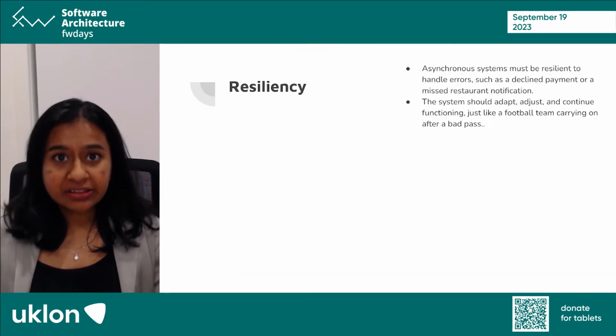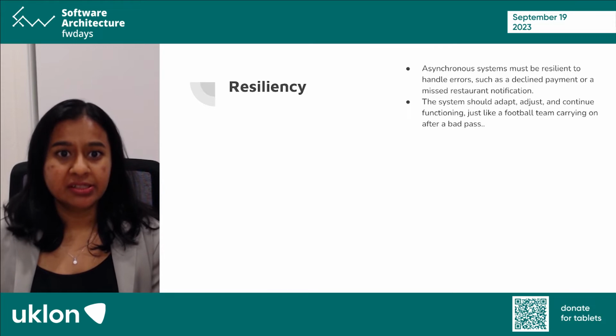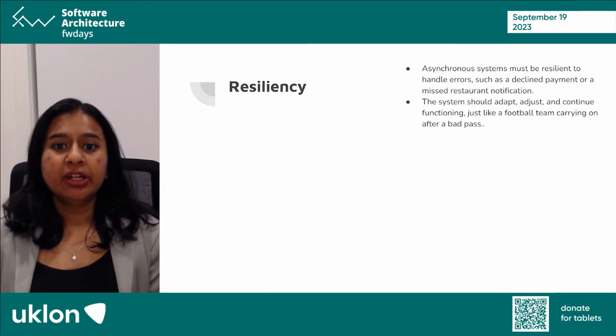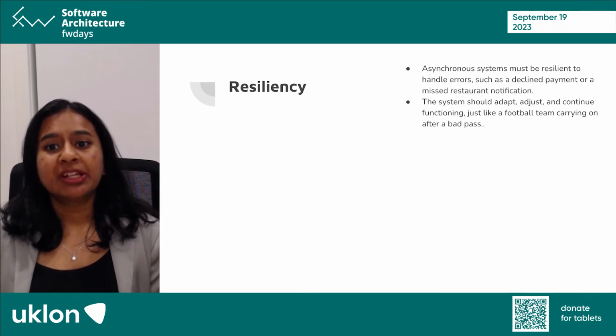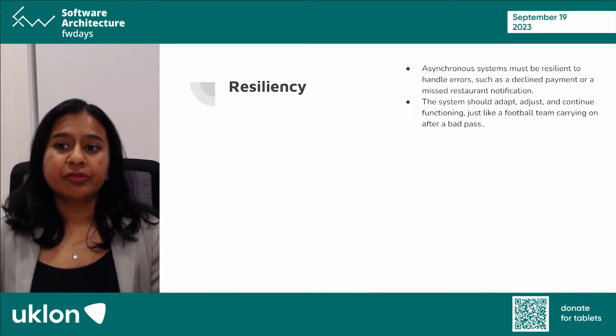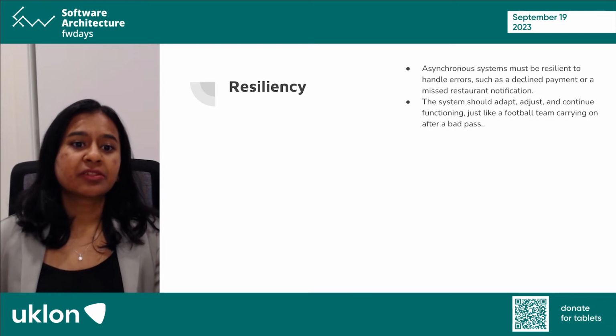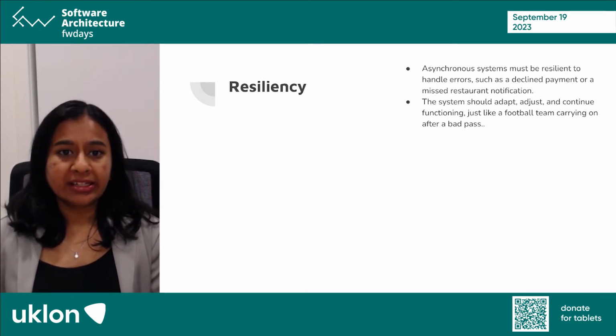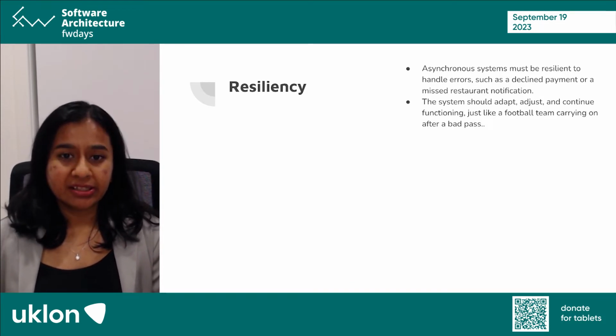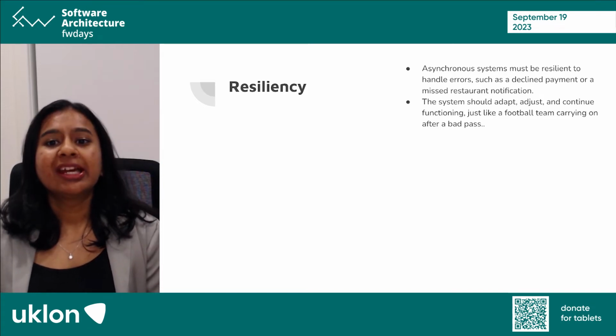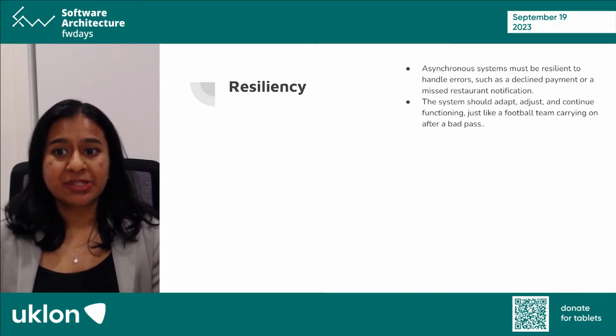Now, let's talk about resiliency. For instance, in our food delivery example, there might be scenarios where the payment gets declined or the restaurant fails to receive a notification about the order. In a synchronous system, such an error might halt the entire process. But in an asynchronous system, it's critical that we design the system to be resilient.